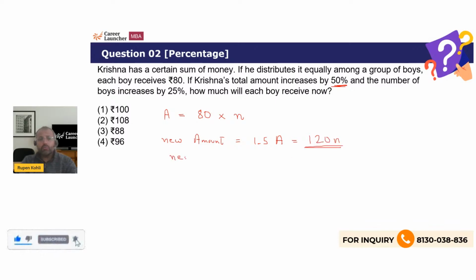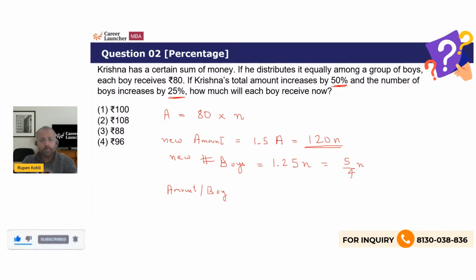And the number of boys is also changing. They are increasing by 25%, so they become 1.25 times the original number. So 1.25n, or in fraction, 5 by 4 n. Now you have the amount and the number of boys. So what will be the amount per boy? That is your answer.